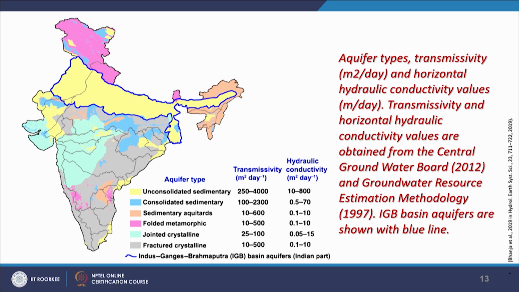So, this map is from CGWB, from 2012. Here it is showing aquifer types, transmissivity and horizontal hydraulic conductivity values. Hydraulic conductivity values are shown in meter per day, and transmissivity in square meter per day.